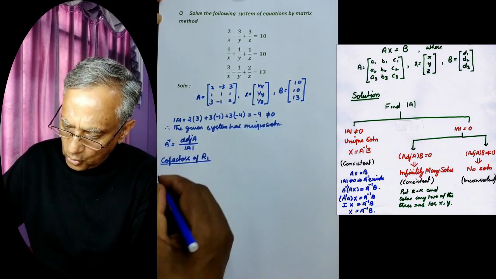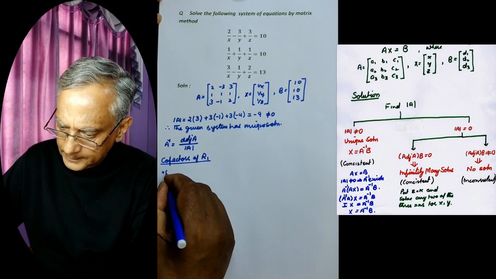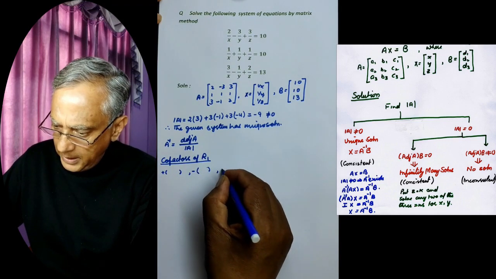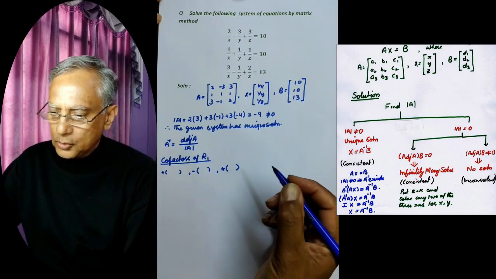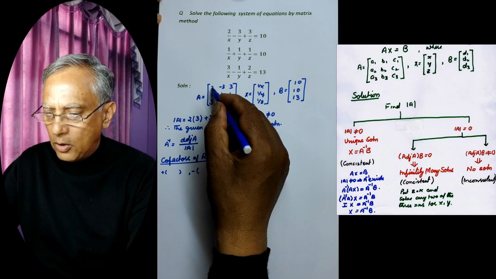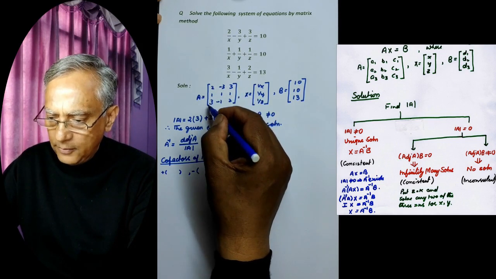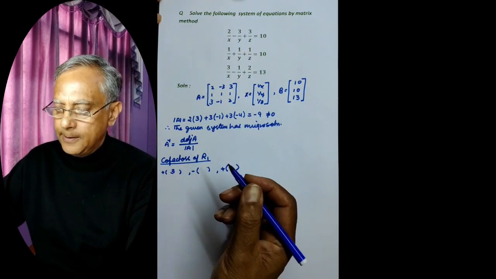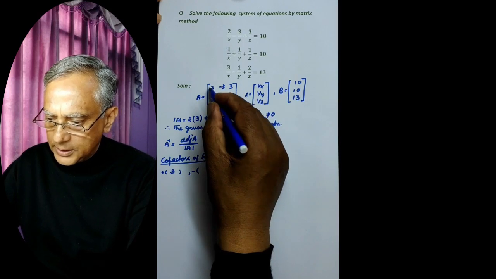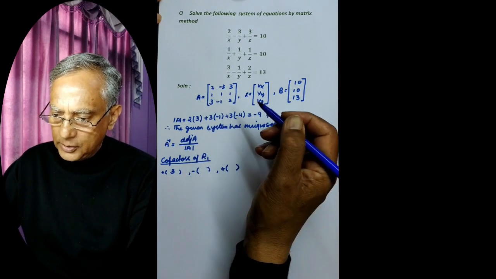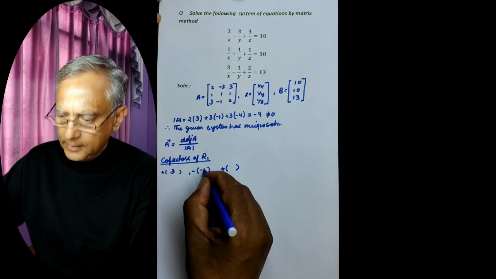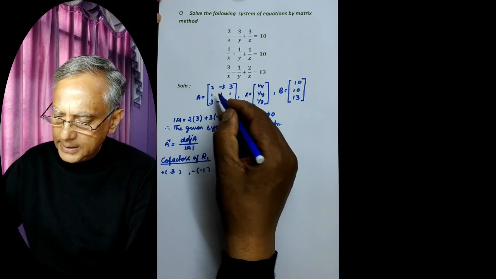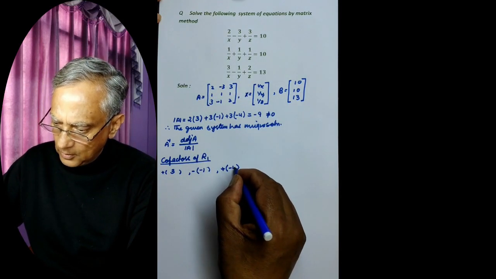This is the first entry, so this will be plus, next will be minus, and next will be plus. So first entry is this. Delete the row and column in which this entry occurs. So these two are gone. We are left with 2 minus minus plus 1, 2 plus 1 is 3. Next is this. So this is gone, this is gone. 2 minus 3 is minus 1. And next is this and this are gone. Minus 1 minus 3, minus 4.